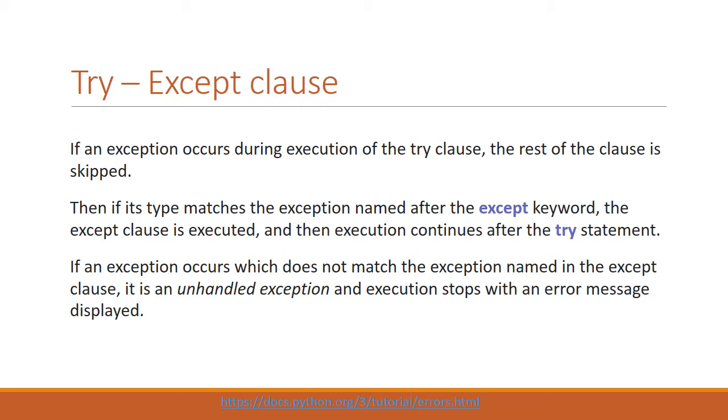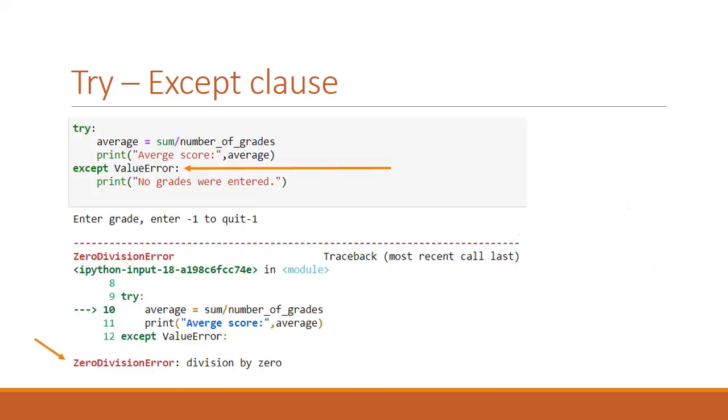If an exception occurs which does not match the exception name in the except clause, it is referred to as an unhandled exception, and the execution of the program stops with an error message displayed to the user. Here's an example of a try clause where in the except statement, we're catching a value error exception.